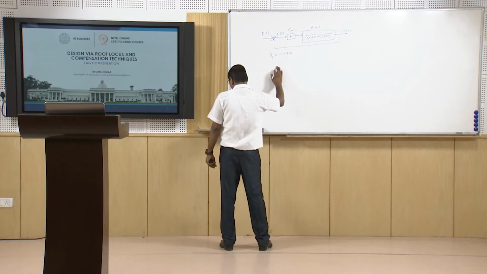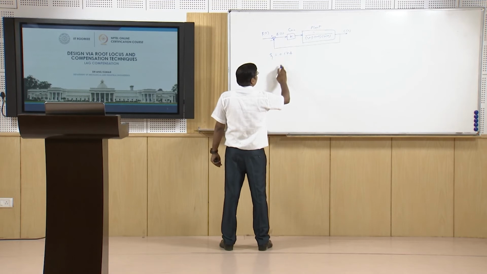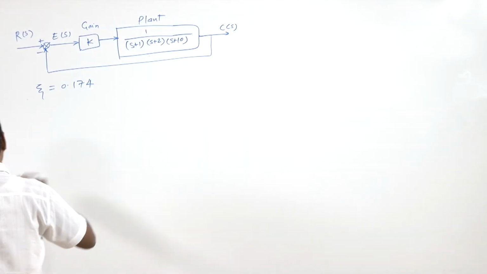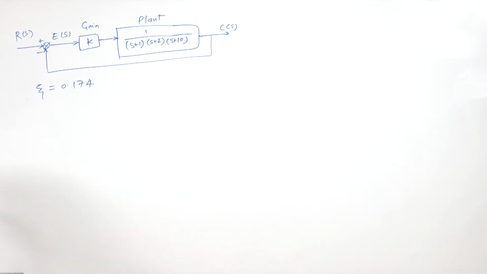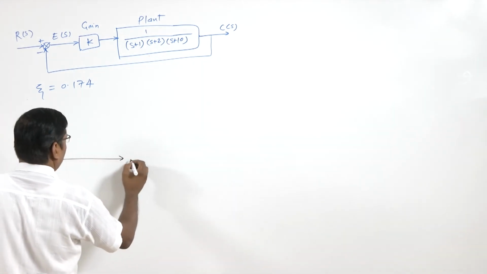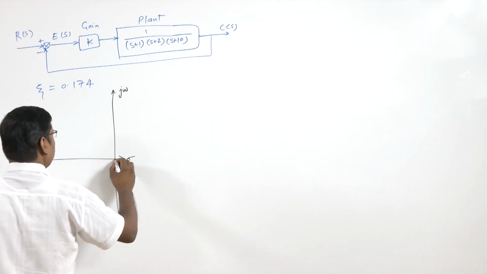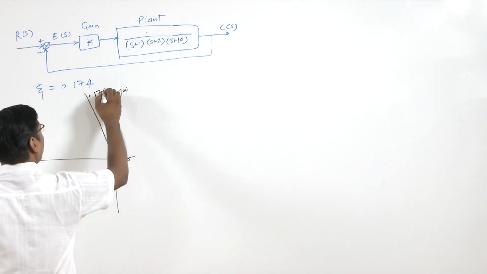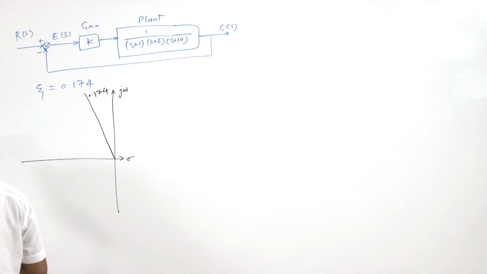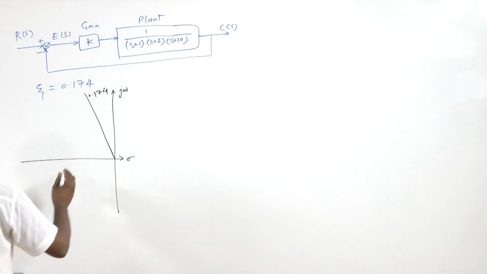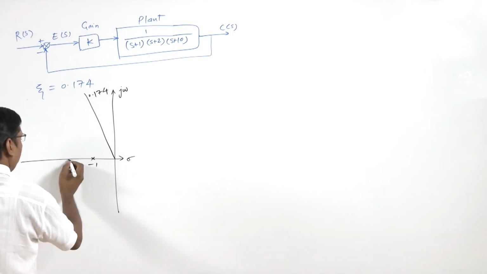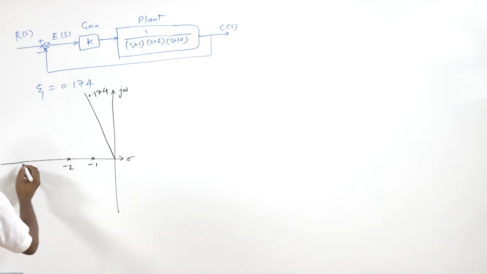So for this we have to find the Kp, and we can find that when we have a system and we have this line 0.174, and we have here -1, -2 and -10.